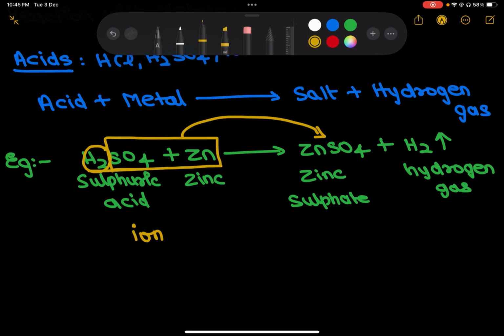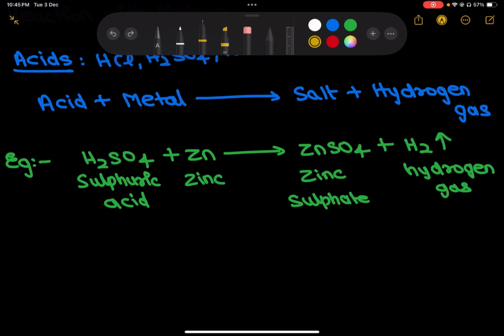So we'll see more of that in metals, but for now just understand this, right? Besides H2, the other part is removed, and with Zn it forms a salt. So ZnSO4 is a salt, and the H2 gas becomes independent, and it gets evolved, right? So this is the basic mechanism of this reaction. Okay. So let's see if it is balanced. H2, H2, Zn, SO4. Right. It is a self-balanced reaction. Correct?